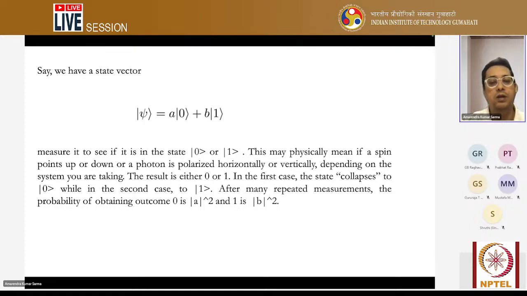So whenever a measurement is made, you will project to the vertical polarization state or the horizontal polarization state, or the spin up state or spin down state. That is what the measurement means, and the corresponding probabilities would be given by |a|^2 and |b|^2 respectively, right? These things by now should be clear to everyone.